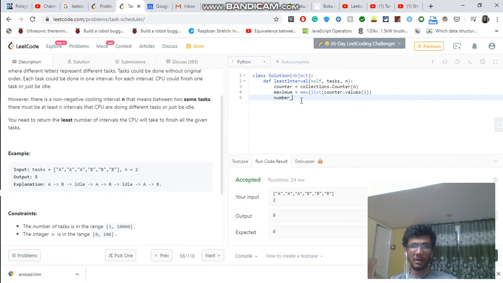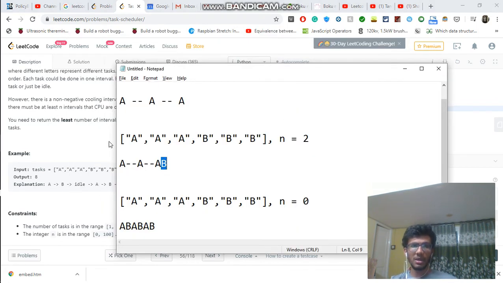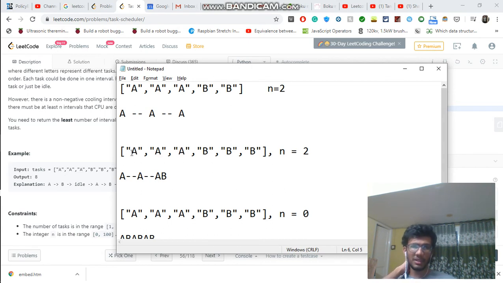So number of maximum is equal to, in my list of counter.values, the count of maximum. That's it, and then I have to get the answer. See, in this scenario there were 3 A's, however the number of gaps was 2.